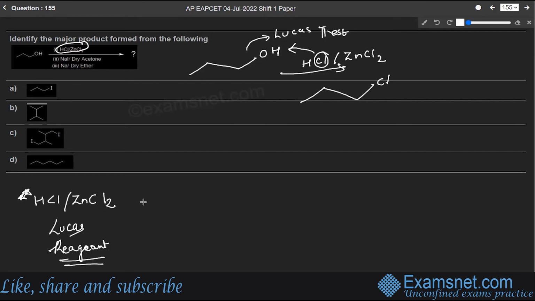Now the first step is solved, right? Now the second reagent is NaI in dry acetone.